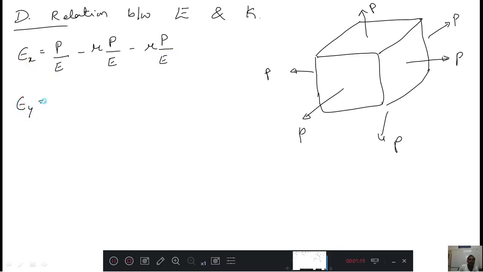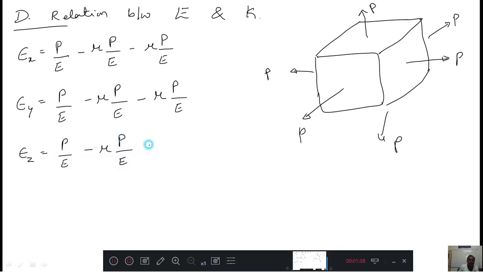Strain in y direction is equal to pressure in y direction divided by E, minus mu times pressure in x direction divided by E, minus mu times pressure in z direction divided by E. Then strain in z direction is equal to pressure in z direction divided by E, minus mu times pressure in x direction divided by E, minus mu times pressure in y direction divided by E.